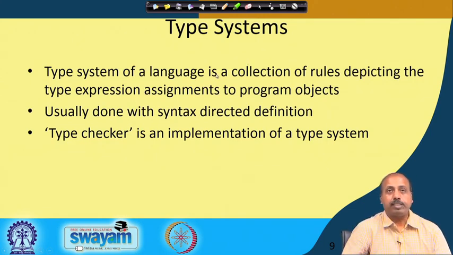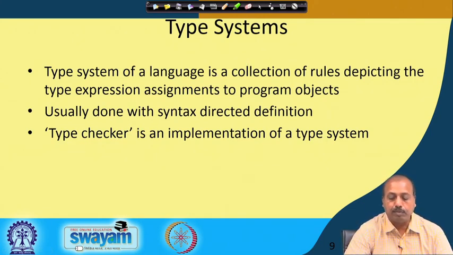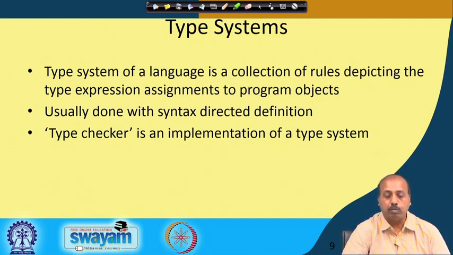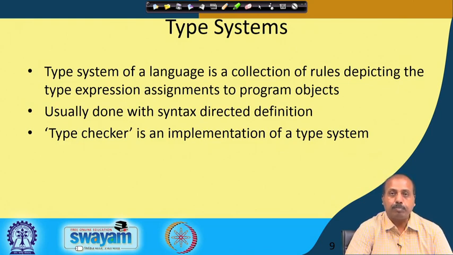So, type system. It is a collection of rules for any programming language. If you look into the manual, it will tell you what the type rules of that particular language are. So, the type system of a language is the collection of rules that depicts type expression assignment to program objects, like how these objects are assigned and what the type rules would be.